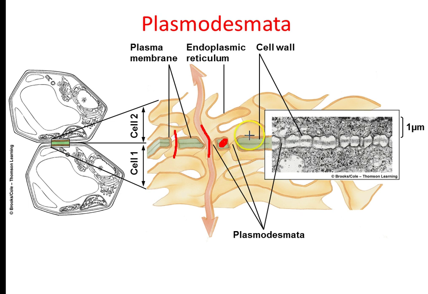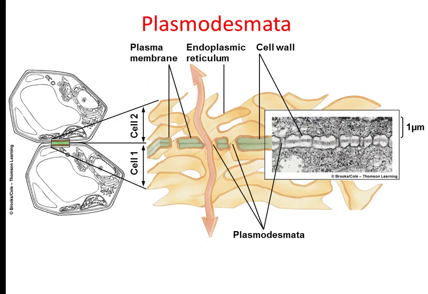And notice one of the things that happens is this plasma membrane of one cell comes around here, and it curves through that plasmodesmata, and it becomes plasma membrane in the other cell. Okay, same thing right here. You see plasma membrane of one cell comes around, becomes plasma membrane in the other cell. So we've got connection, which leads to communication in these plant cells.